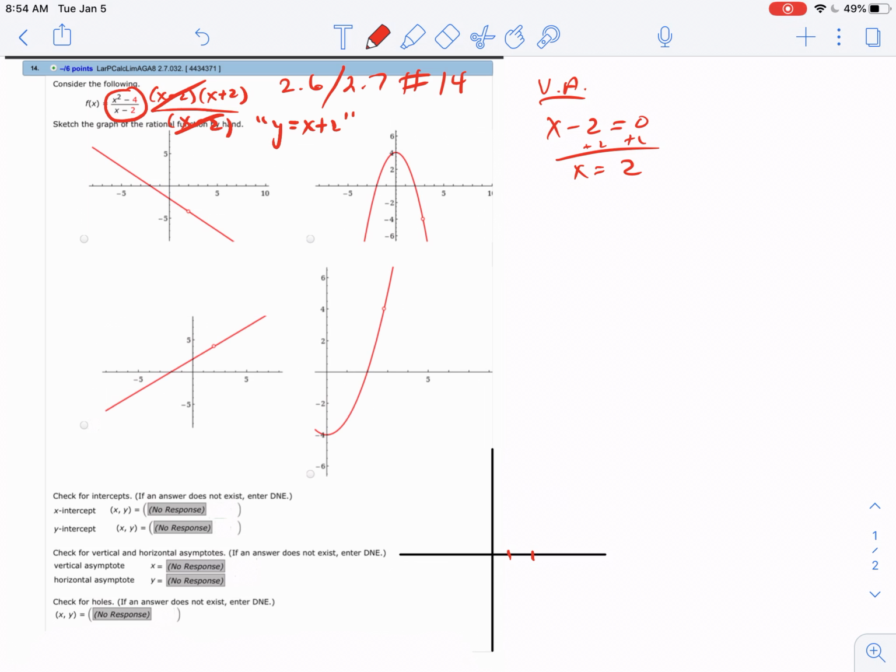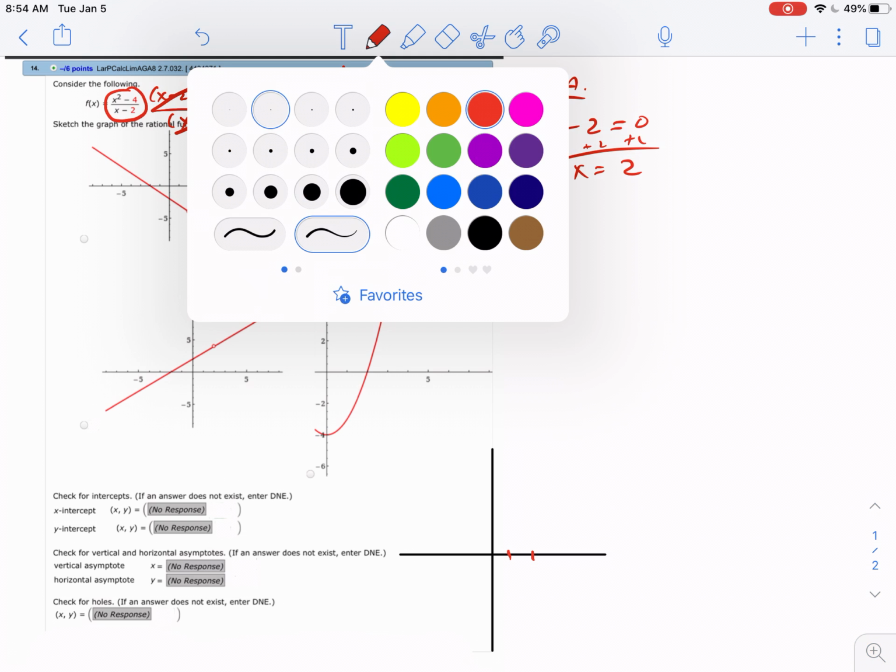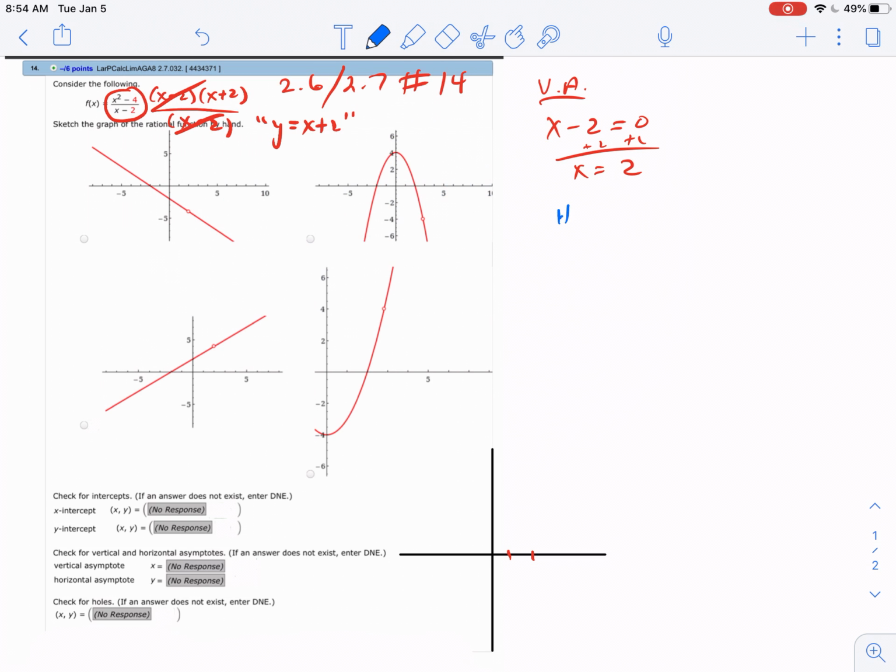So let's figure out a little bit more detail. And horizontal asymptote, this is a second degree over a first degree. So that tells me that this is big over small, which means there's a slant asymptote.